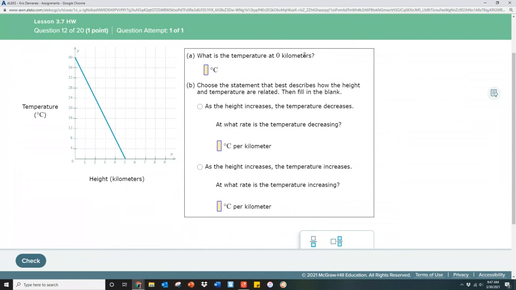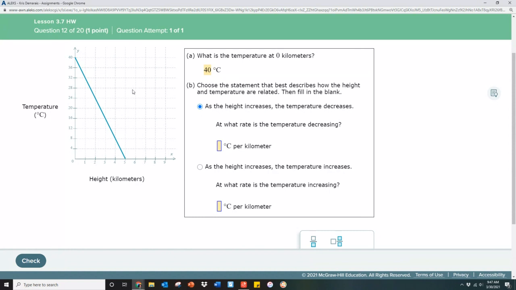All right, now what is the temperature at 0 kilometers? We've had this kind of problem before. So at 0 kilometers, the temperature is 40 degrees Celsius. All right, choose a statement that best describes how the height and the temperature are related. As the height increases, the temperature decreases. That makes sense.